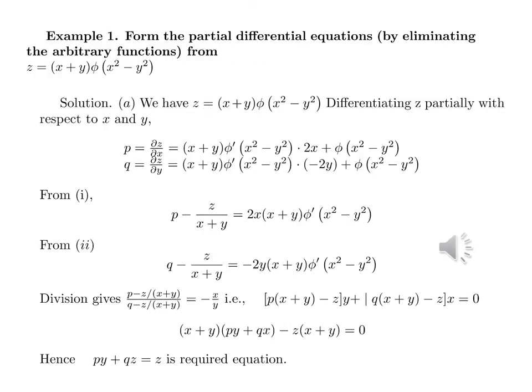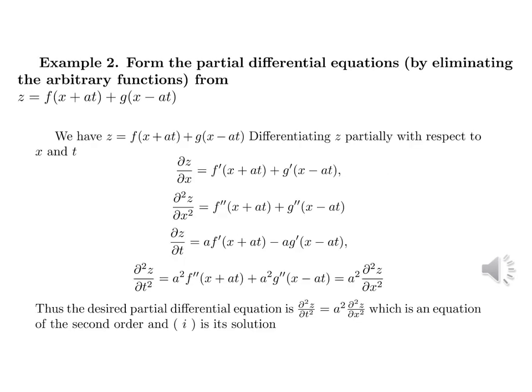If you carefully examine this problem, this is the first type of eliminating an arbitrary function from a particular function. Now let us see another case where you need to eliminate an arbitrary function, but the equation consists of two functions.